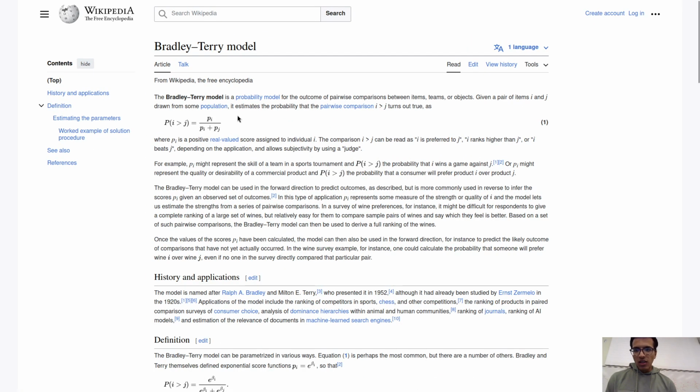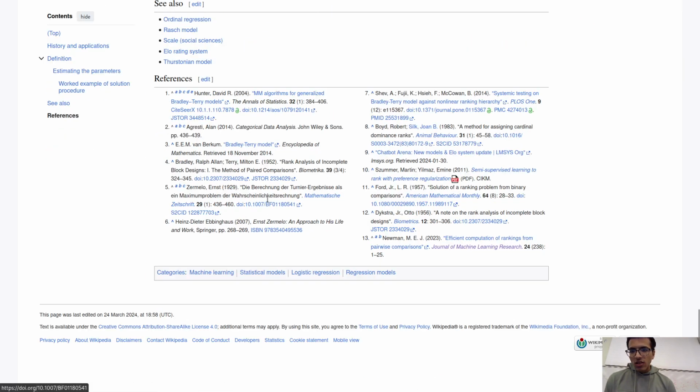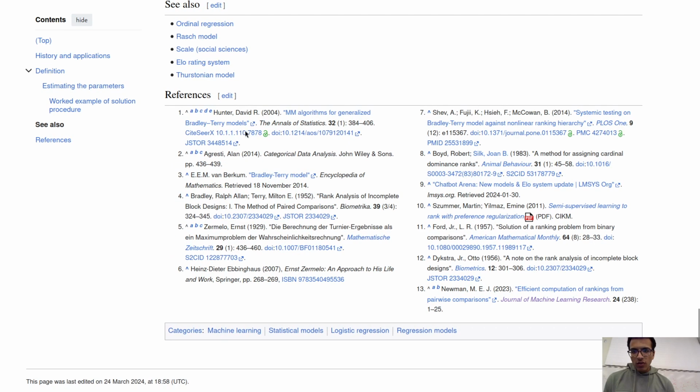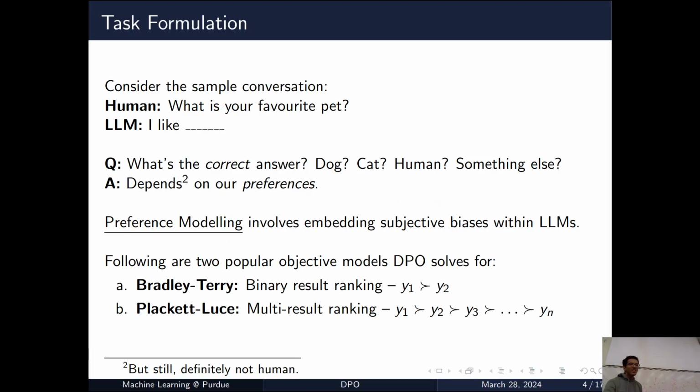Give me citations. 2004, no, generalized Bradley-Terry model. Which one? Oh yeah, there we go. Yeah, 1950. So it's fairly recent.